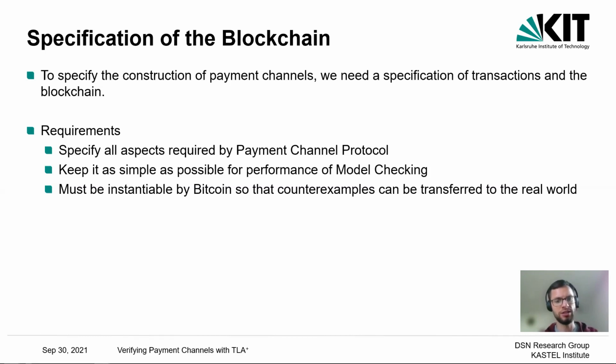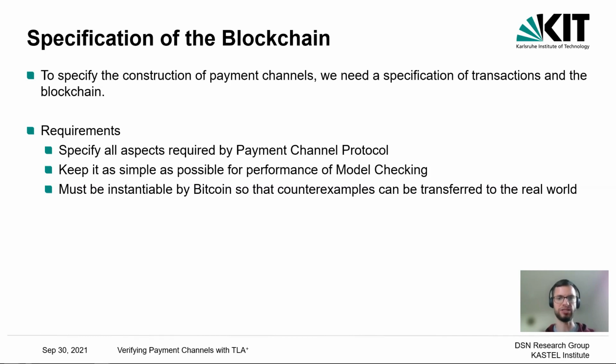But then we also need to keep it as simple as possible so that we get a good performance when model checking. And the specification must be instantiable by Bitcoin, so that if we find a counterexample, we can transfer it to the real world and get a counterexample that actually exists in the case of Bitcoin and the Lightning Network.